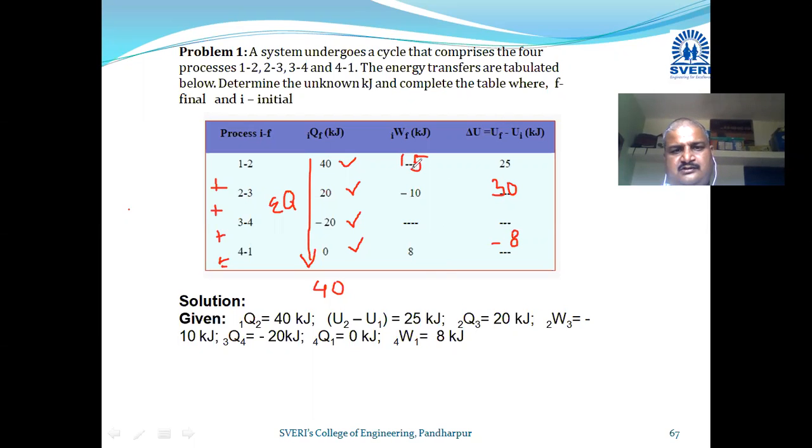Now, as far as work is concerned, what is the total sum? 15 minus 10 plus 8. 13. It is 13 plus your work at process 3 to 4.